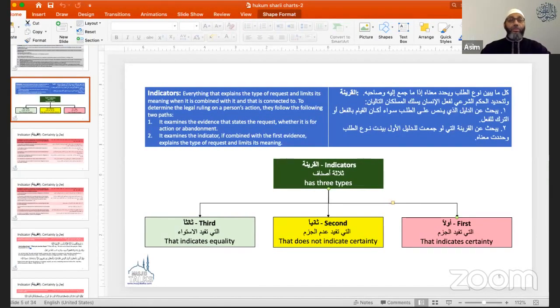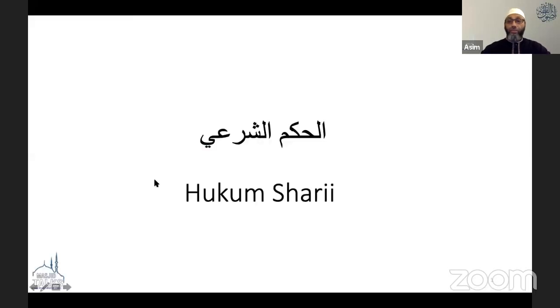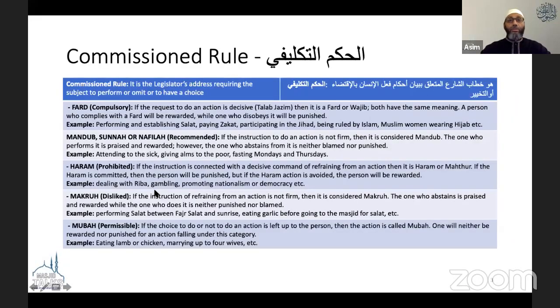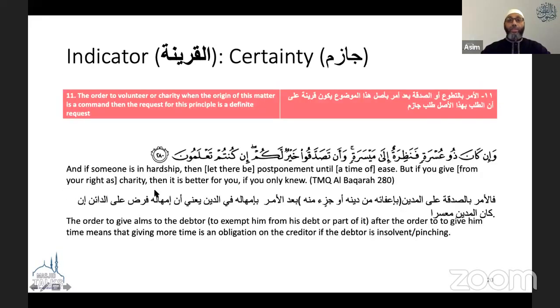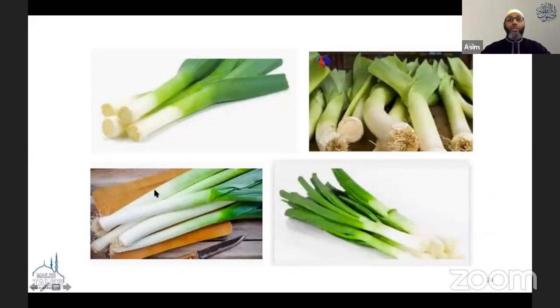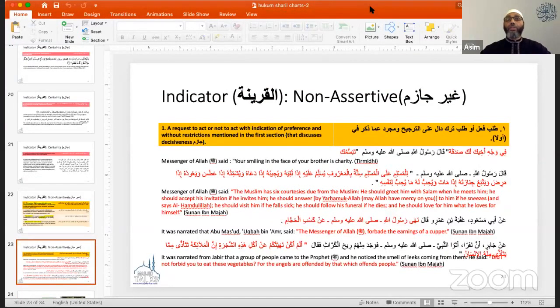Okay, so let's go to the presentation mode so it becomes easier to see, hopefully. Okay, so today, inshallah, we will talk about, and I'm hoping it's readable. Okay, that's not the right one.